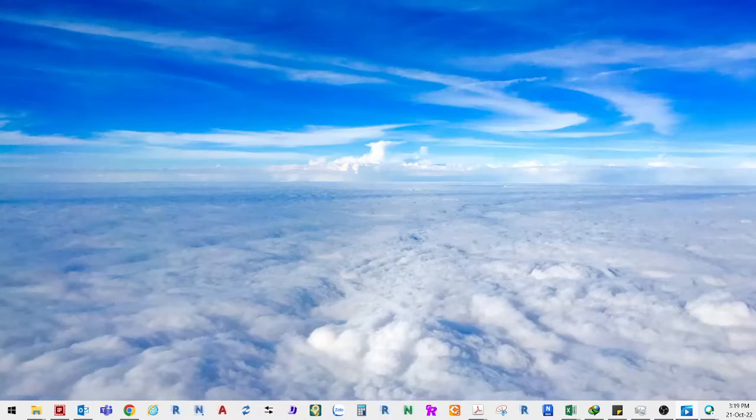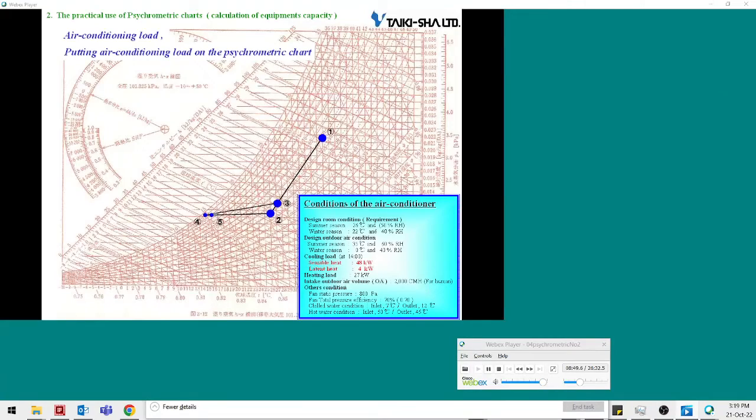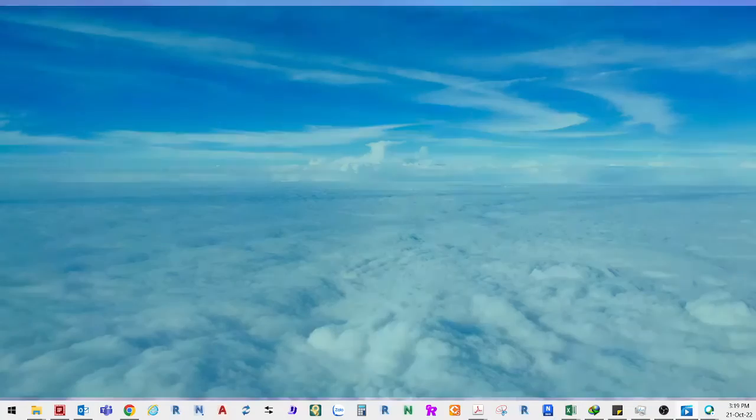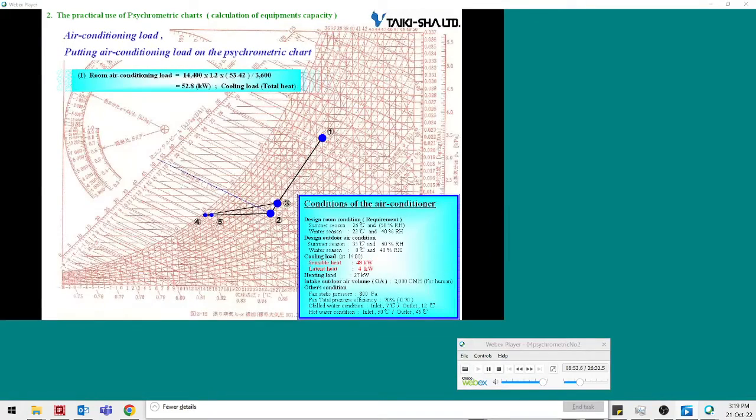I will briefly introduce how the air conditioning load is represented on the psychrometric charts. At first, I will explain about the room air conditioning load. The room air conditioning load is determined according to the difference between the enthalpy values 2 and 5.